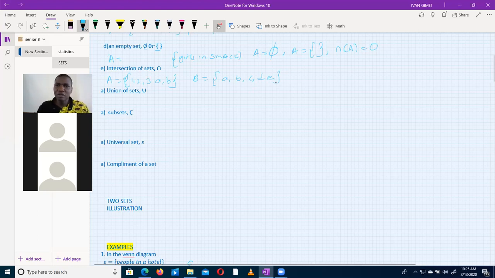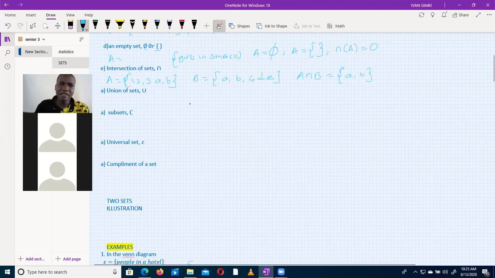Using set notation, we write A intersection B. This set will have the common elements, which are A and B. Those are the common elements in the two sets.